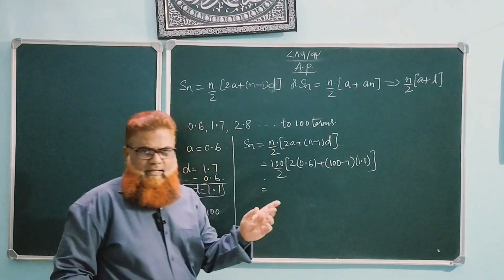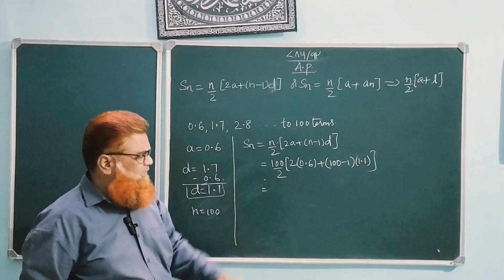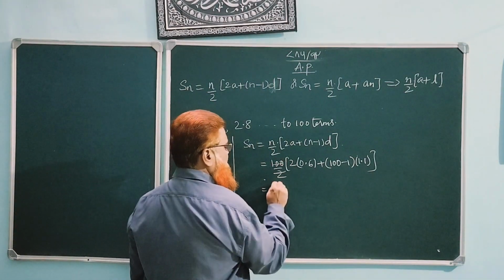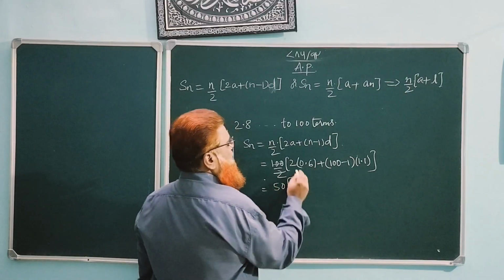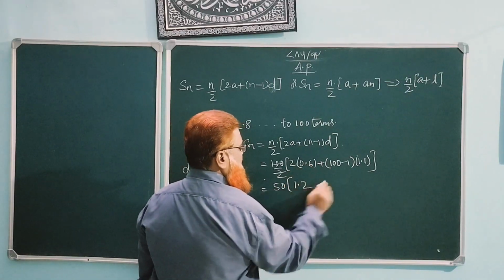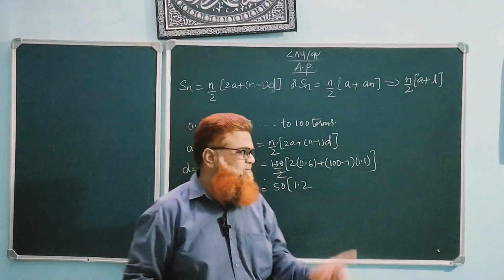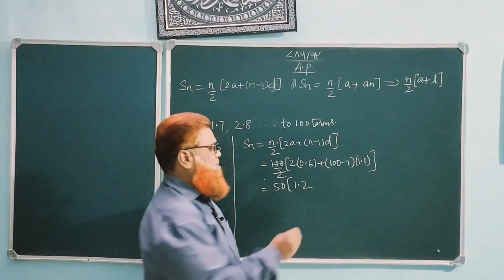If you want, you can simplify in the earlier step. 100 divided by 2 is 50. 2 into 0.6 is 1.2, since 2 sixes are 12 and there is one decimal place.